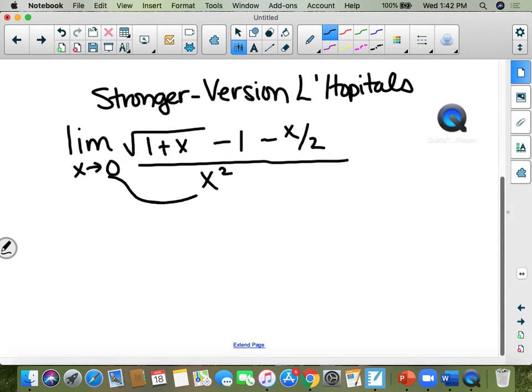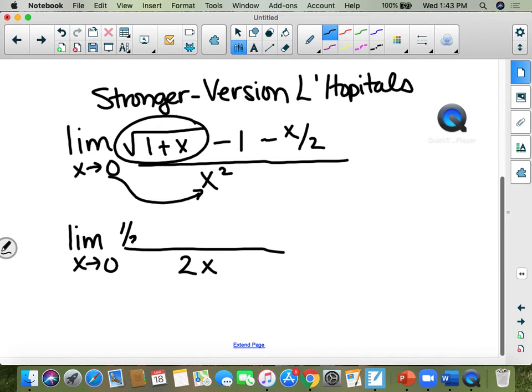When I plug 0 in, it doesn't work, so I'm going to apply L'Hopital's rule. I take the derivative of the bottom, which ends up being 2x, and I take the derivative of the top. This is going to end up being 1/2 times 1 plus x raised to the negative 1/2. The 1 goes away, and the derivative of negative x over 2 is negative 1/2. When I plug 0 in, it ends up being 0.